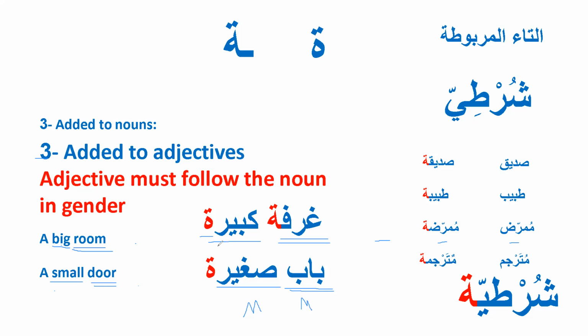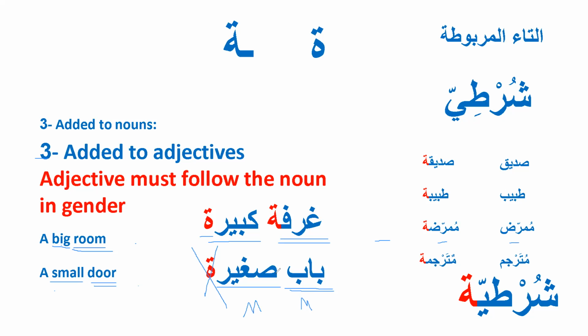Here we have a mistake, so we need to delete this ta marbuta in order to make this a correct sentence. So باب صغير, while this sentence is غرفة كبيرة. Okay, if you want to make it a small room, we can say غرفة صغيرة.